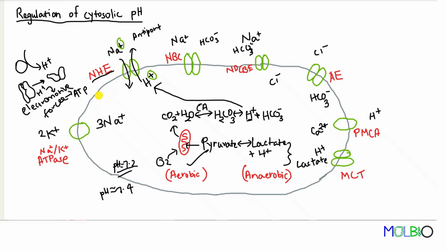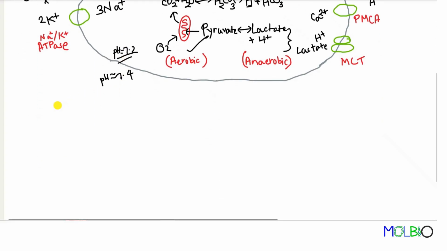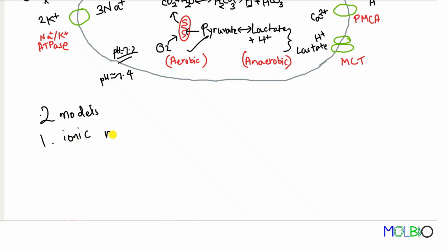Now, how does it sense when there is enough proton that it needs to start working, or when the pH is low enough for it to start acting? There are two models, or two postulations. One says that there are some ionic residues, amino acids with ionic side chains.